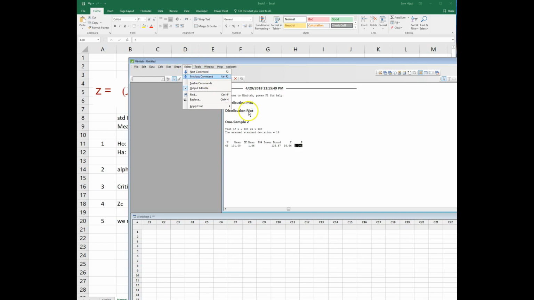But actually, let's change it a little bit so we can see it with better understanding. Let's say there's a different story. There is another professor who is not feeling very good about the IQ of a group of students. Then he found out that the sample mean for the IQ was, let's say, 89.